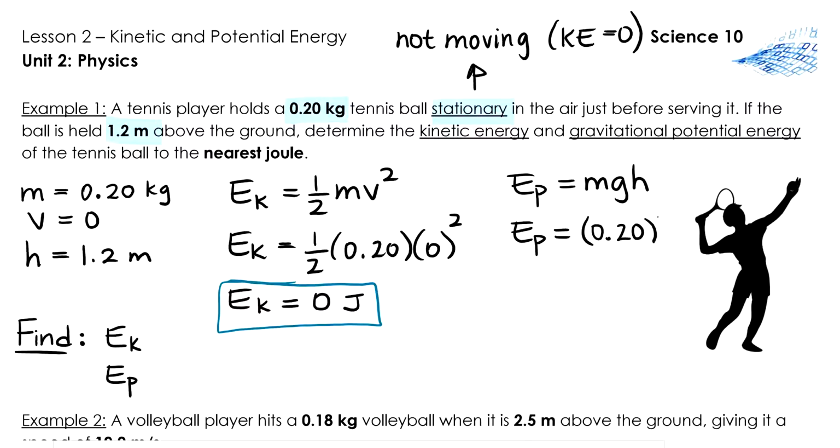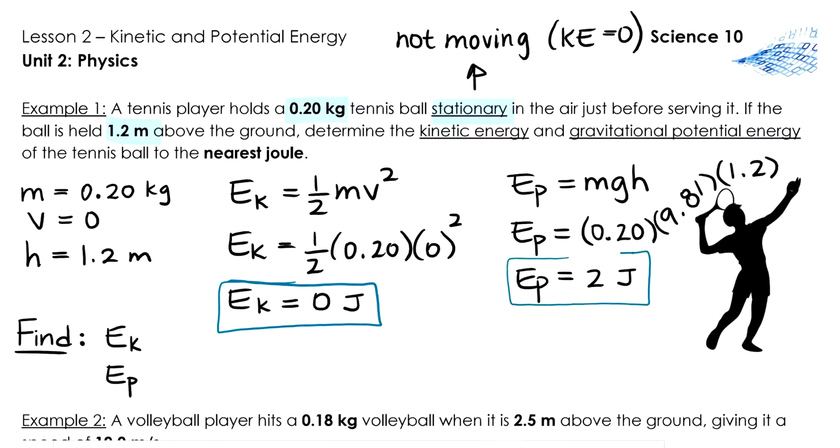It's okay, I'll curve upwards. G is 9.81 meters per second squared, and H is 1.2 meters above the ground. You can go ahead and multiply all of these numbers together in your calculator, and you will get 2 joules. I'm going to put a box around that because it's my final answer.